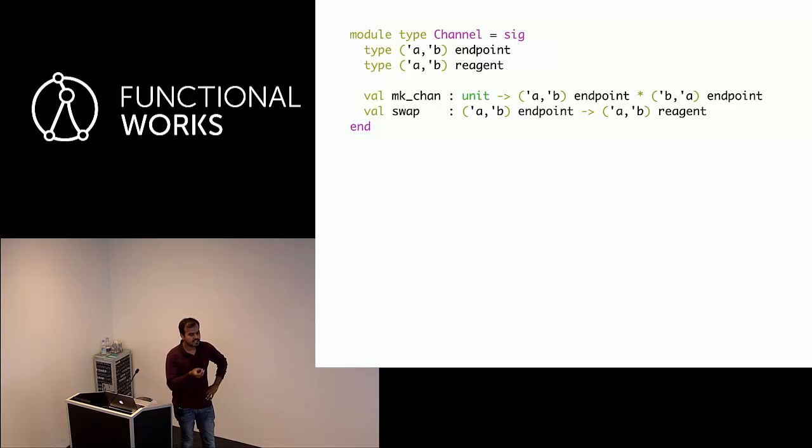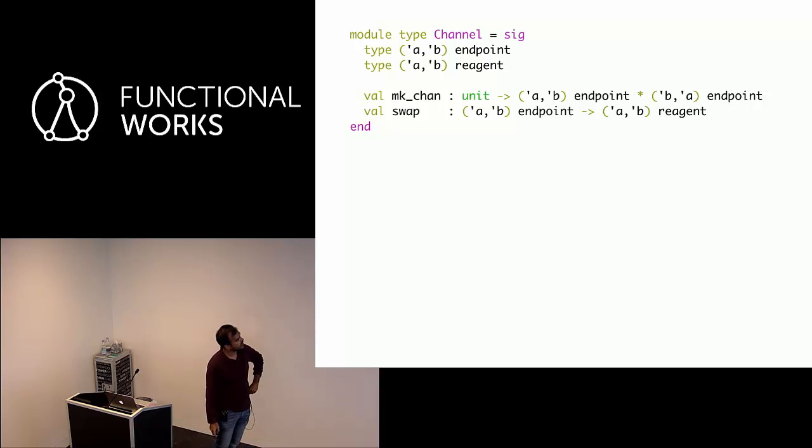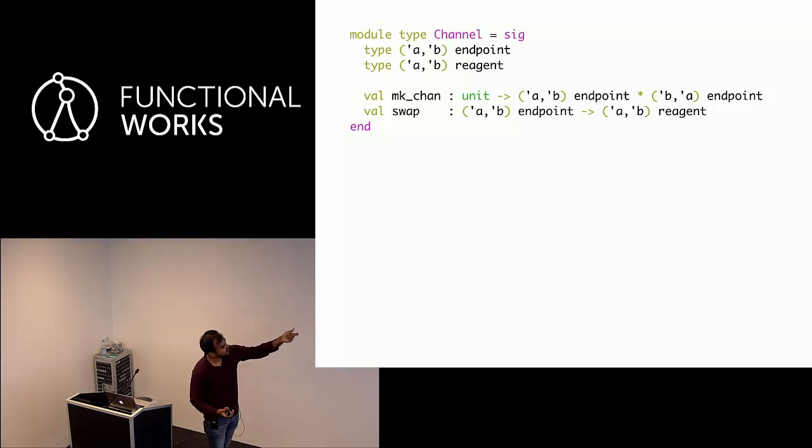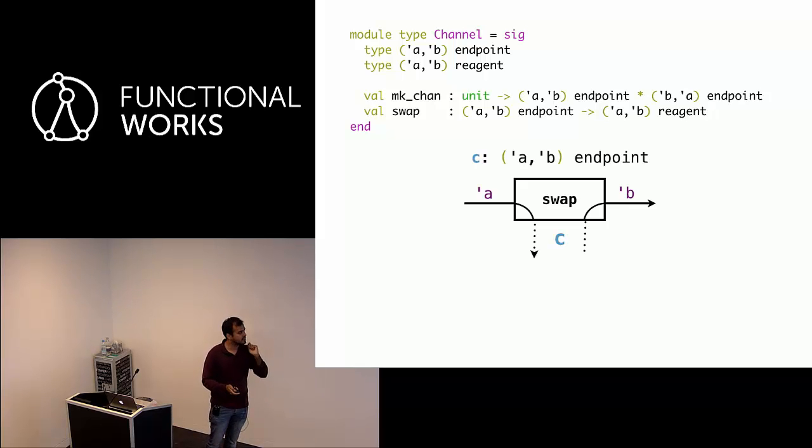A channel is really an endpoint which accepts a value of type 'a, and you can receive messages of type 'b on it. Creating a channel gives you a pair of dual endpoints, which have dual types. You can see that the types are reversed. The only operation that you can do on a channel is request to swap on the channel.